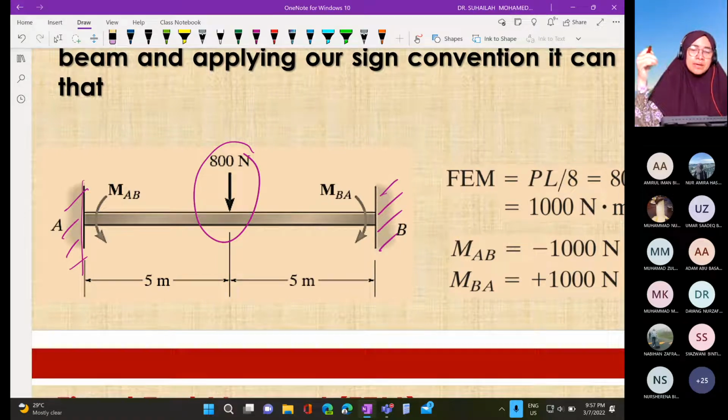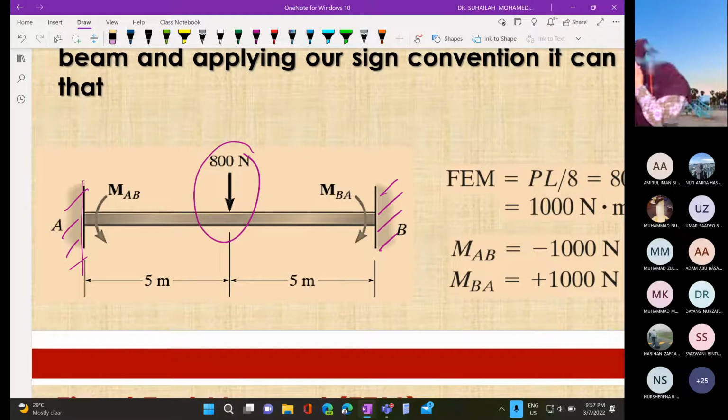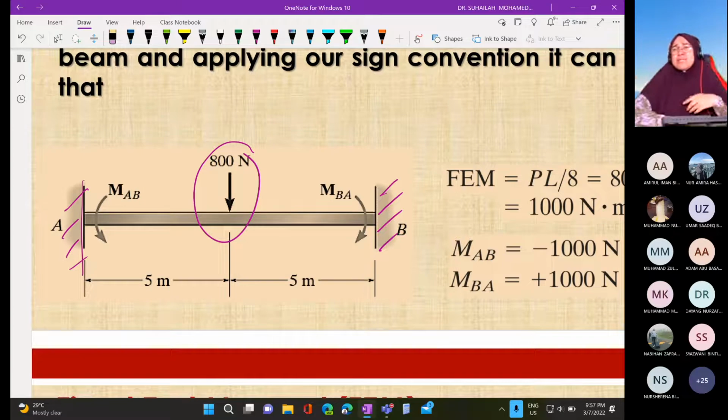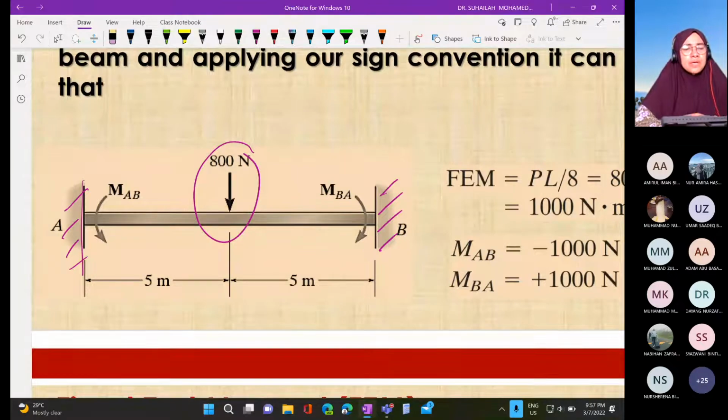And then the structure must be in equilibrium, internally and externally. This one we have taken out as an element, so it becomes internal. It must be balanced, in equilibrium at all times. So when there is a support, it will have a reaction to counter back.